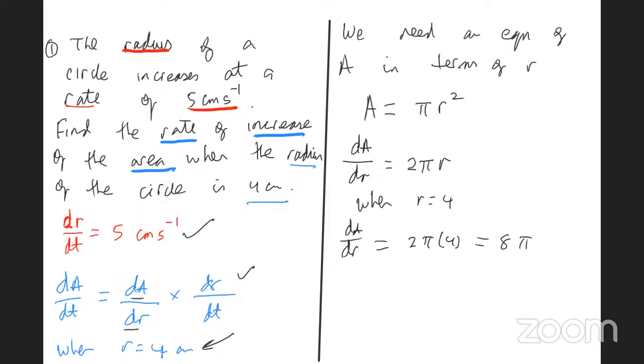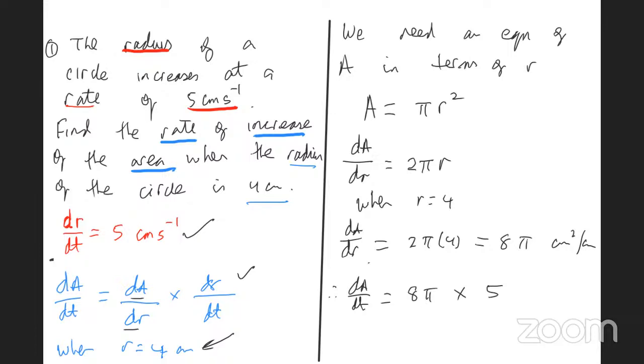Since it's dA/dr, the units are centimeters squared per centimeter, which is centimeter. So therefore, dA/dt is equal to 8 pi multiplied by 5, because we know dA/dr and we already know dr/dt from earlier.